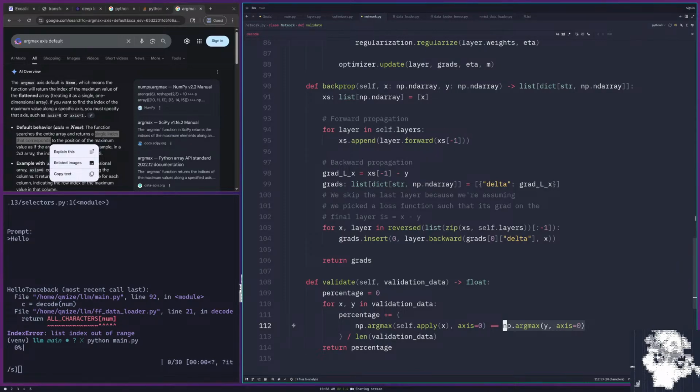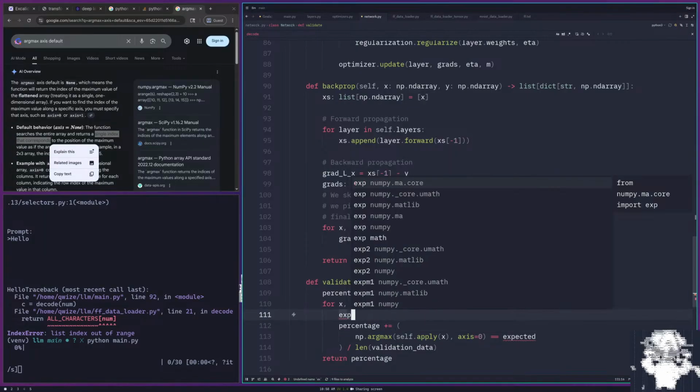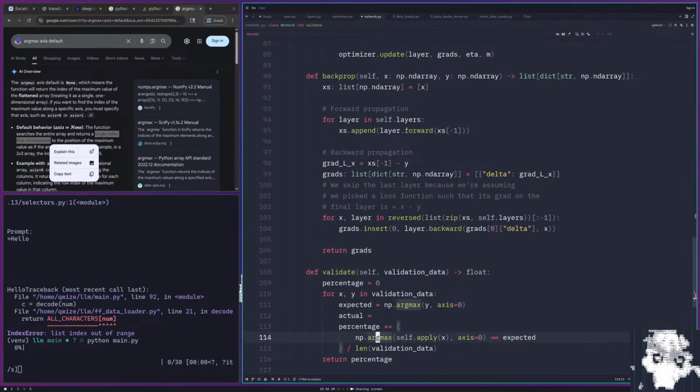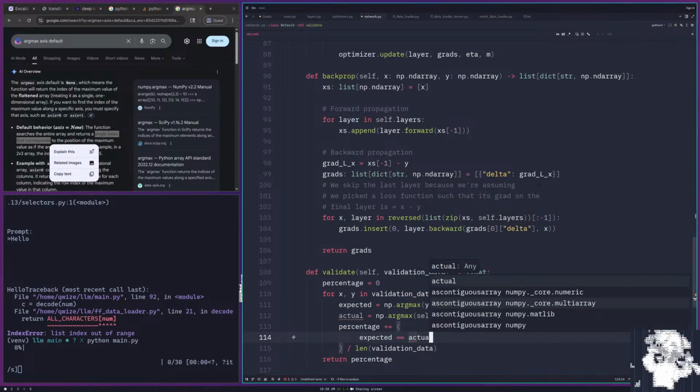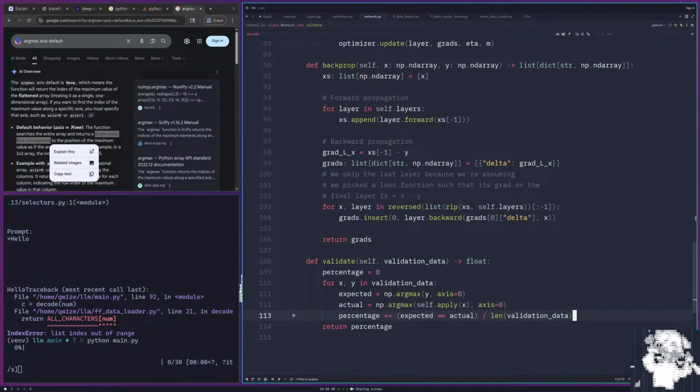No, this will give me a number for each column. Okay.